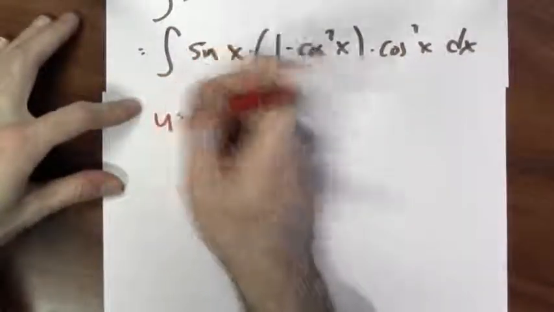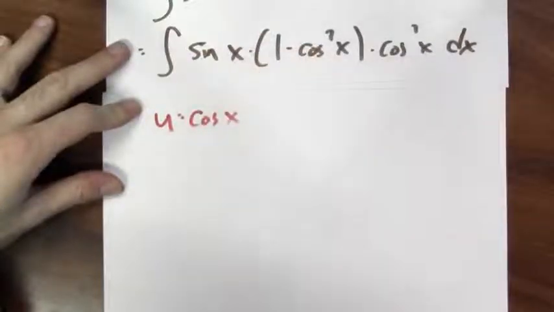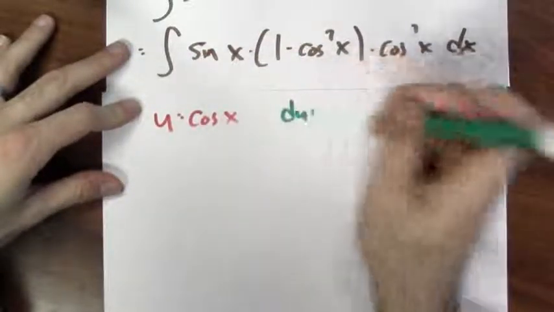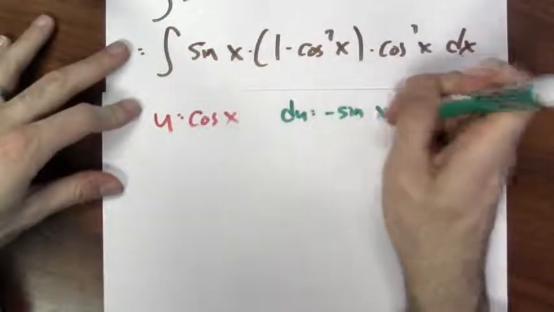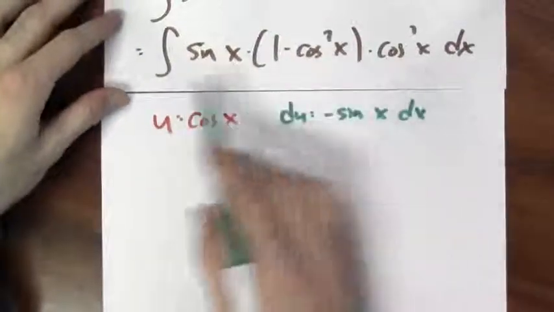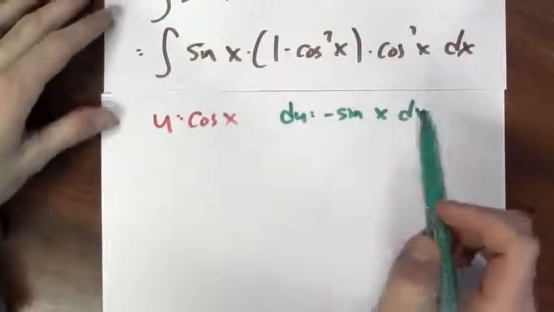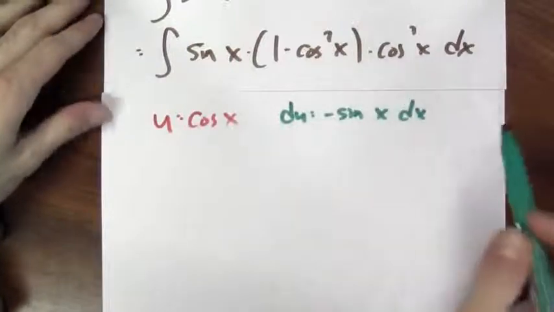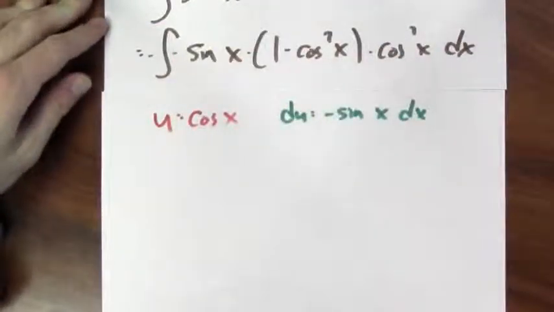Now I can make the substitution u equals cosine x. In that case du is minus sine x dx, which I don't quite see here, but I can manufacture that by including a minus sign there.